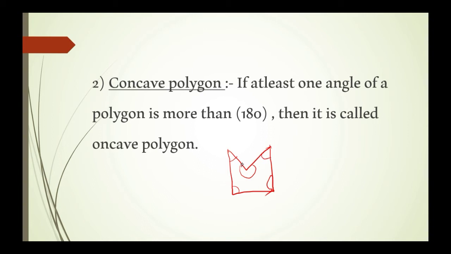See, this is circular, this means this is 360 degrees. In that, this is an interior angle. It is more than 180, right? It is a reflex angle. Reflex angles are more than 180. So this is a concave polygon.